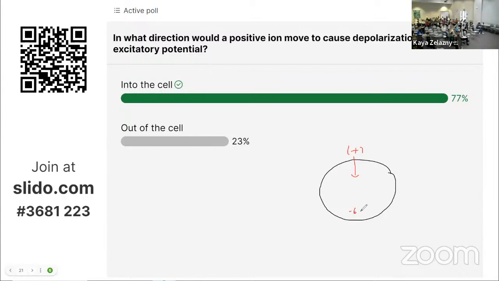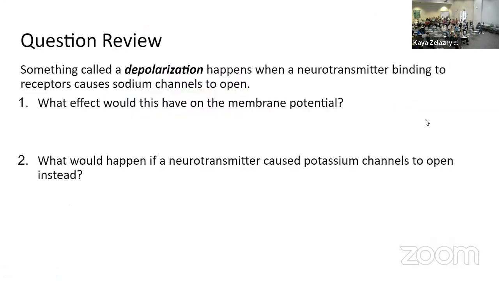Okay. So that's that depolarizing direction, that up towards zero direction, is going to be caused by cations moving into the cell. Which means that we're really thinking about sodium moving into cells and causing depolarizations.